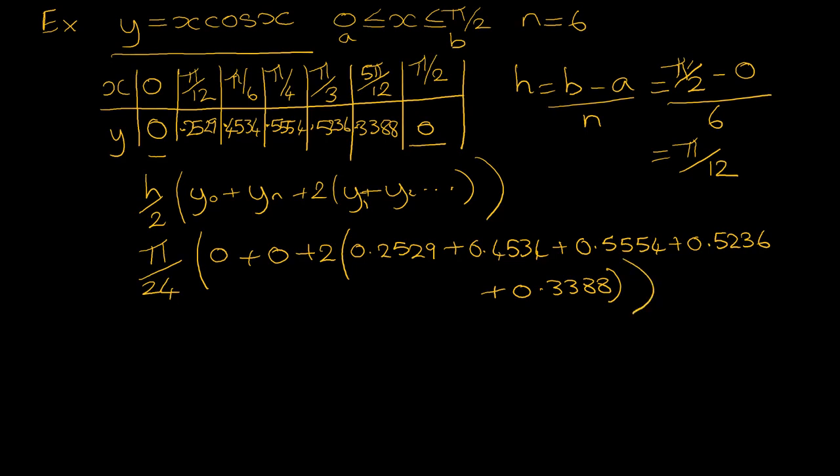Alright, and then if you take all of that and put it into the calculator, you'll come out with 0.5561 to 4 decimal places.